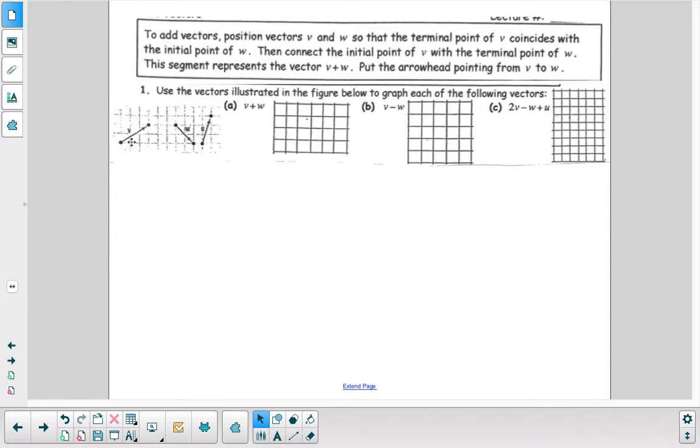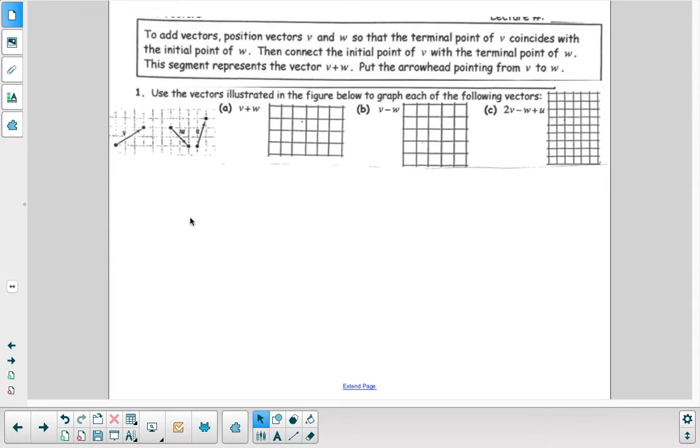And we say these in terms of x and y. So, I and j. So if I wanted to move 1, 2, 3, so this is 3. And these units can change, but if I'm using I and j, this is 3i and 2j.